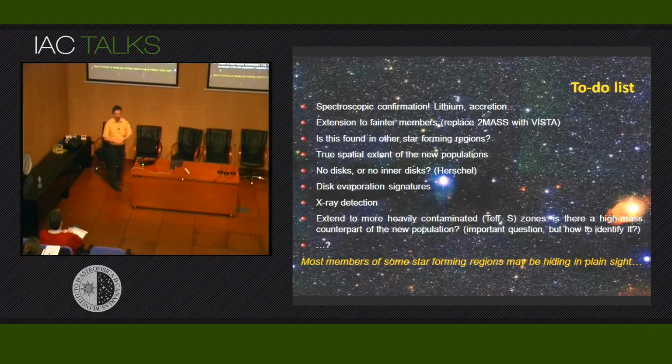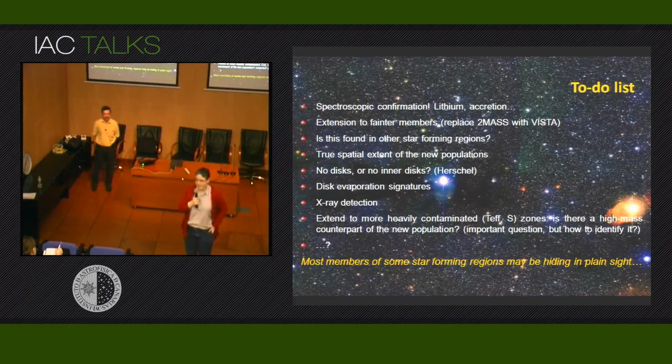Approaching it from the other way, actually, is there any difference in the IMF without considering the new populations between the IMF in Lupus 1 and 3 and Lupus 4? We don't. In Lupus 4, it's very hard to tell because we don't have enough objects.